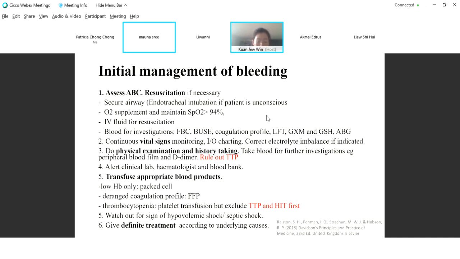So you can put it somewhere there, maybe under point one, ABC resuscitation if necessary, IV fluid for resuscitation. Then maybe you can add on emergency O if indicated. If the patient is very pale, you do not need the full blood count to confirm that, and the patient is hypotensive. So sometimes you can give emergency O, or if you really cannot push up the blood pressure after the IV fluid. So maybe you add another sentence there.